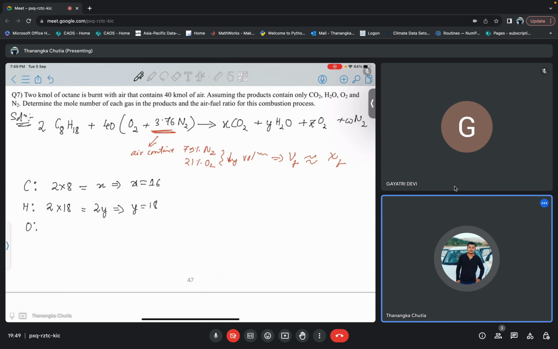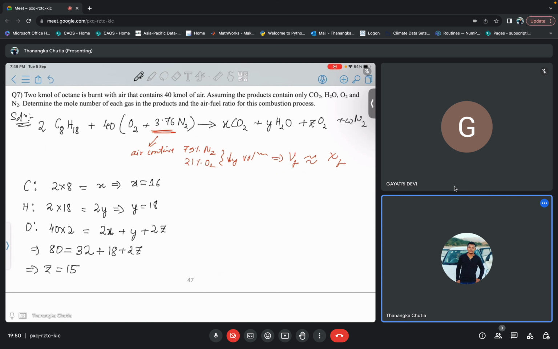Similarly, balancing for oxygen, the left side will be 40 into 2, and the right side will be 2 into X plus Y plus 2 into Z. So 80 is equal to 2 into X, where X is 16, so 2 into X is 32, plus the value of Y, plus 2Z. From here Z is equal to 15.